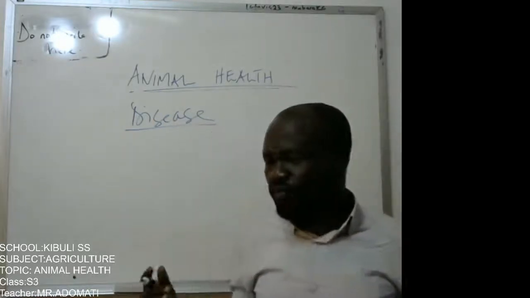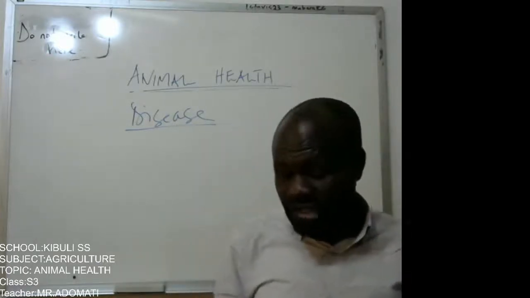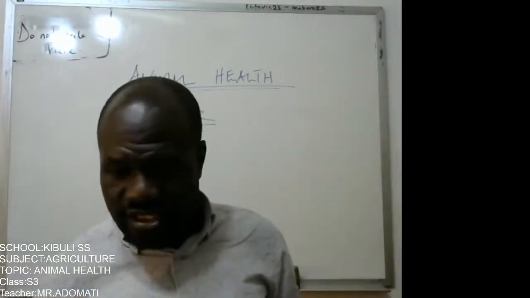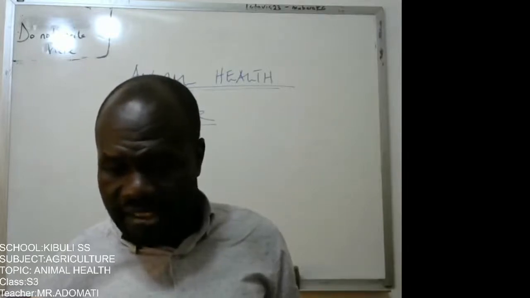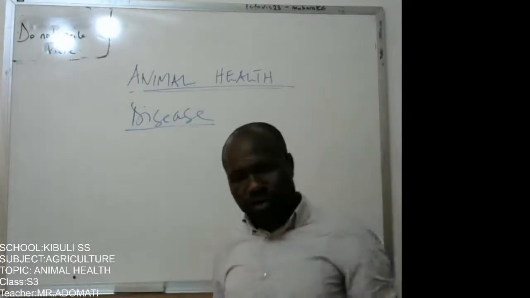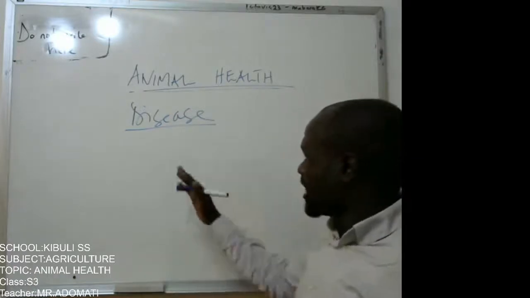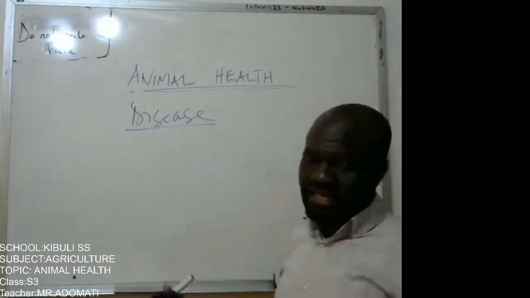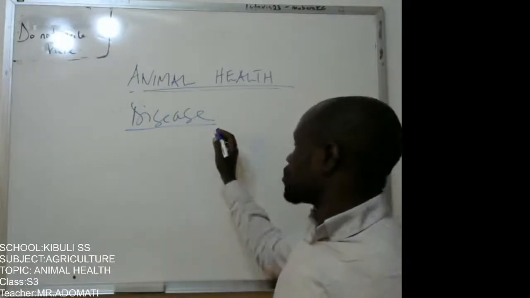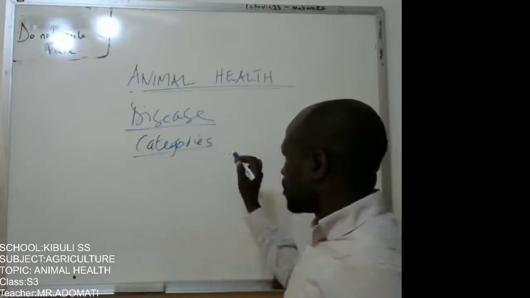We shall have a proper summary of these diseases towards the end. But what I want us to understand now is that these diseases can be classified into different forms depending on how serious they are, what causes them, and their duration. So we classify them depending on the seriousness, the duration, and the cause of the diseases. Under diseases, we have different categories, different types, different groups.